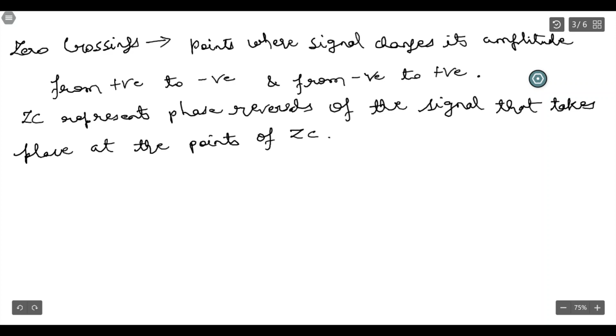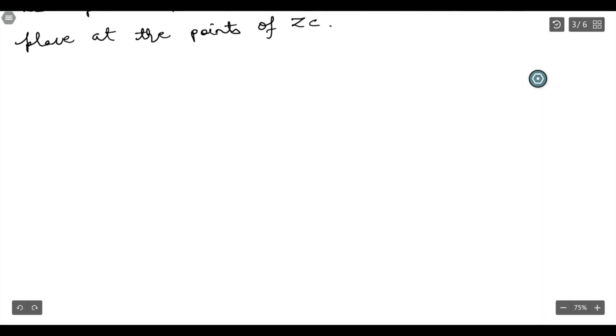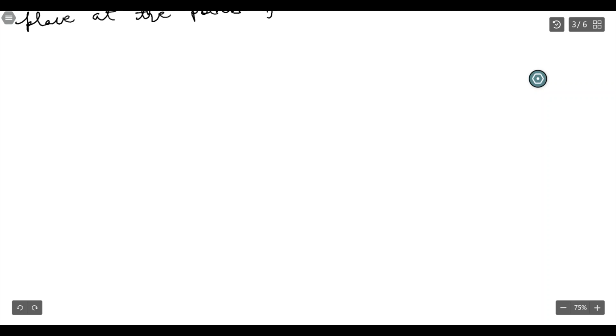Now we will come to the digital signals, and we will see what the definition of digital signals is. So what basically are digital signals?